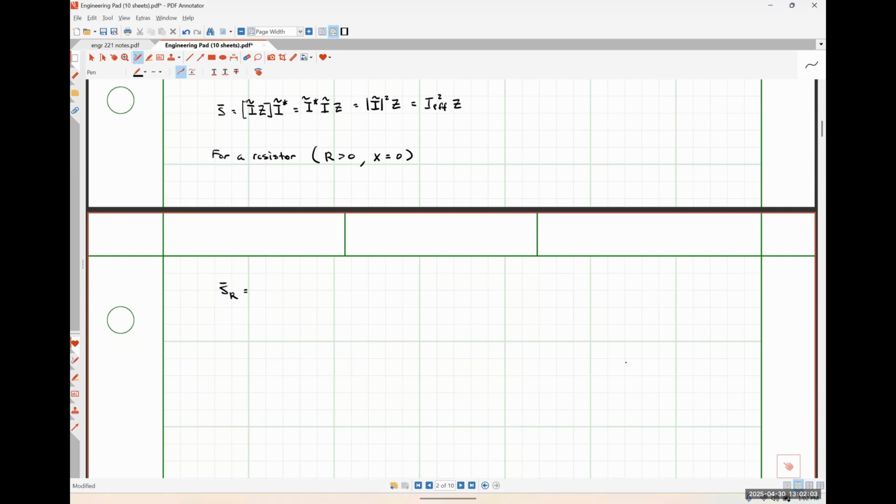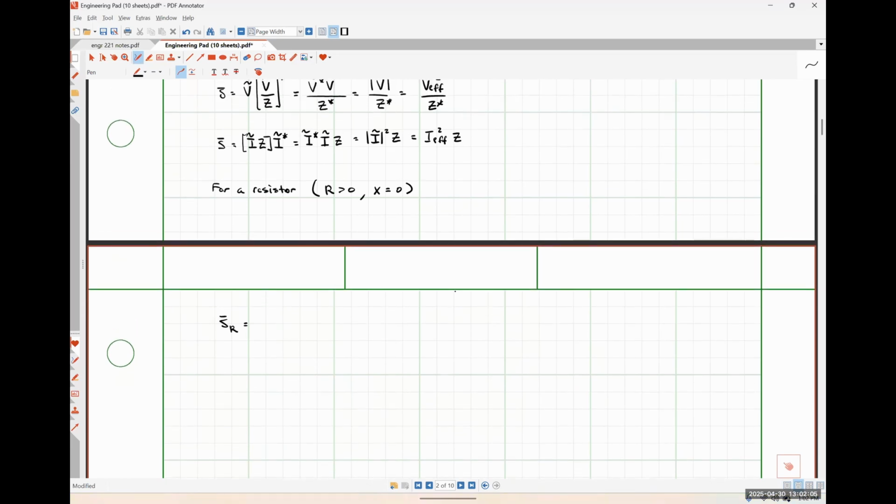So literally plugging in my impedance for a resistor into this relationship, I would have V effective squared divided by the conjugate of the impedance of a resistor. But since the impedance of a resistor is purely real, the conjugate is just the resistance value itself.